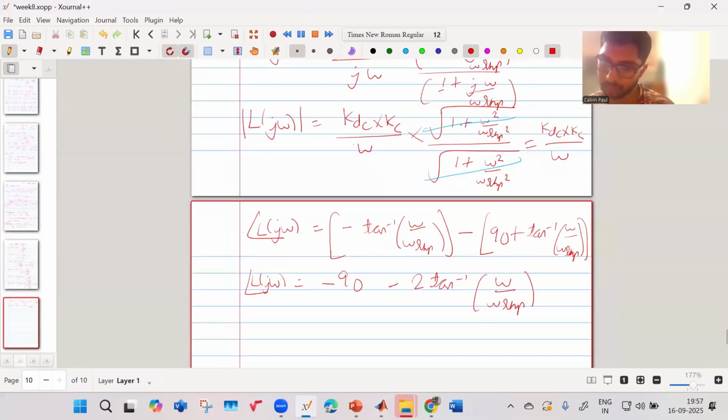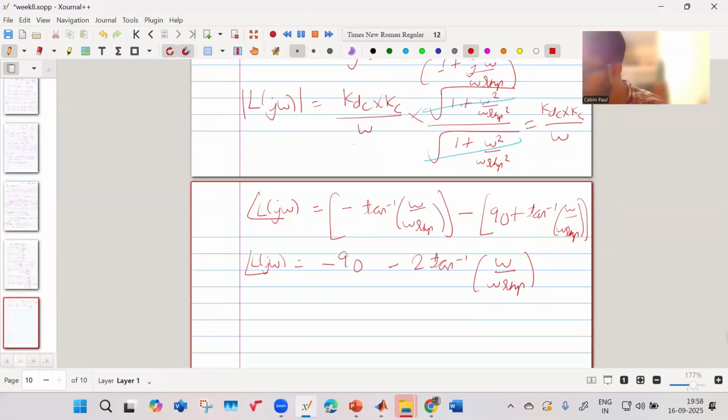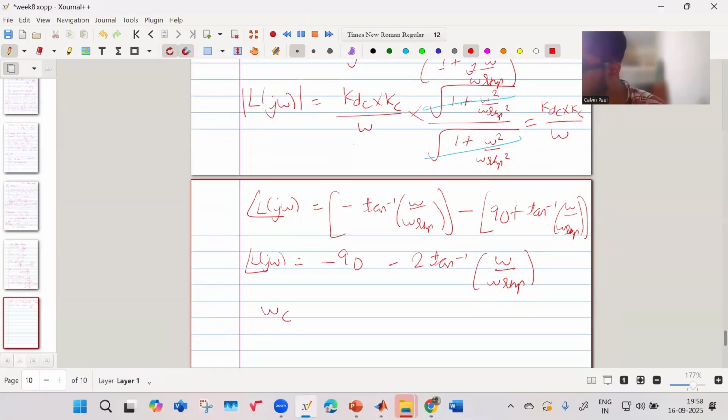Okay, good. So now you have your crossover frequency, which is a term used a lot, symbolic of your bandwidth. At that frequency, the magnitude of L of j omega c is equal to 1.